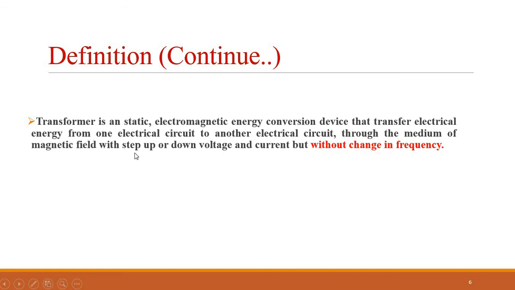It will step up or step down the voltage and current without change in the frequency. Okay, so this is the proper definition of the transformer. That is, a transformer is a device which transfers electrical energy from one circuit to another circuit through the medium of an electromagnetic field.